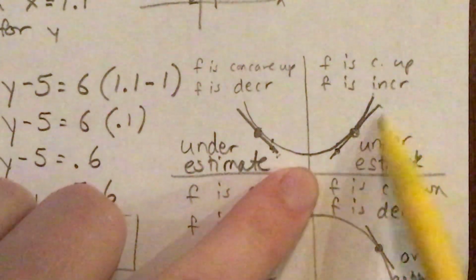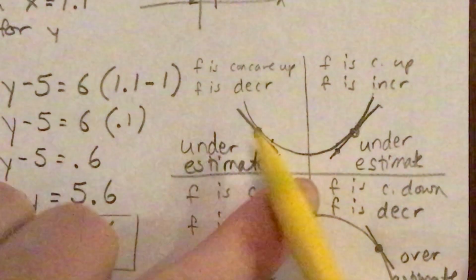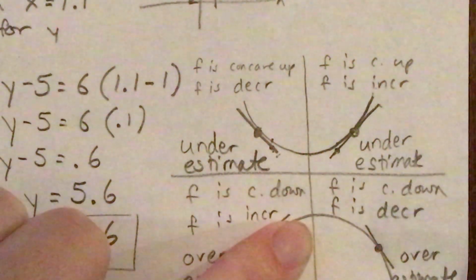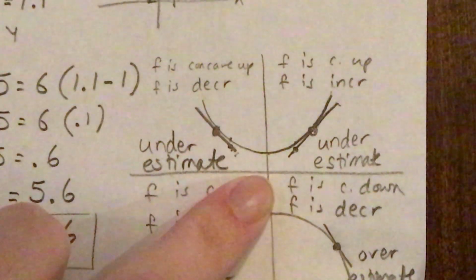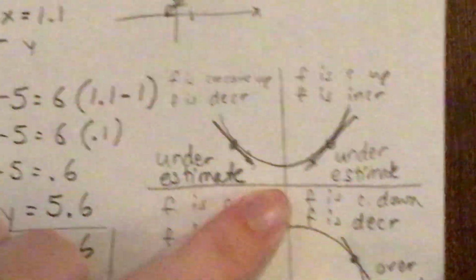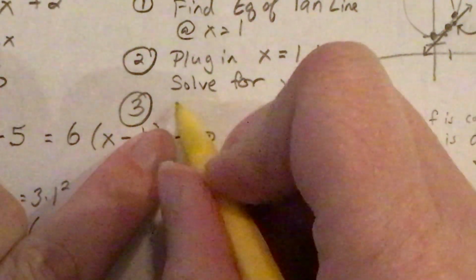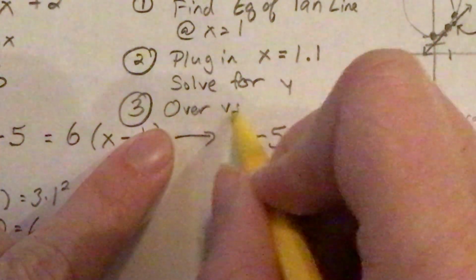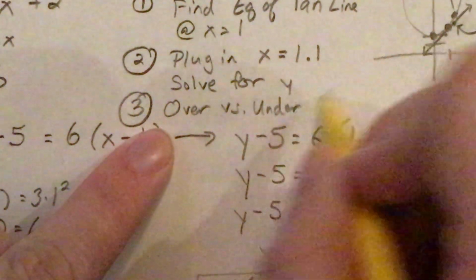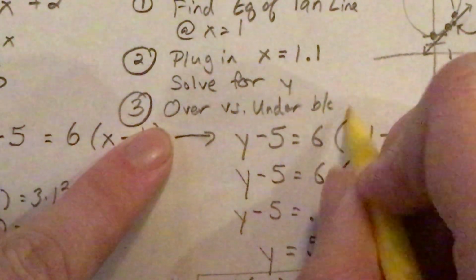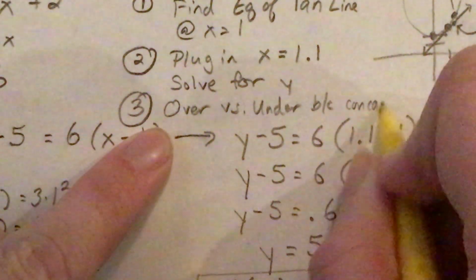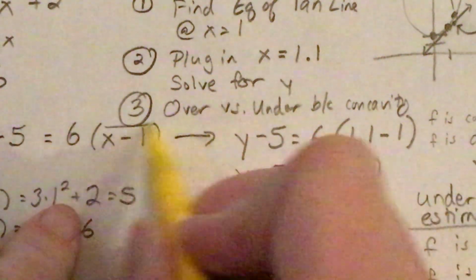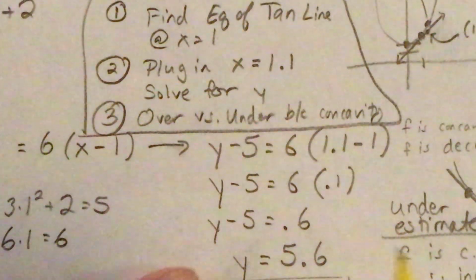We don't even care if f is increasing or decreasing because the tangent line is always underneath when f is concave up. So here we go. Over versus under because of concavity. That's our third step. Determine whether it's an overestimate or an underestimate based on concavity.